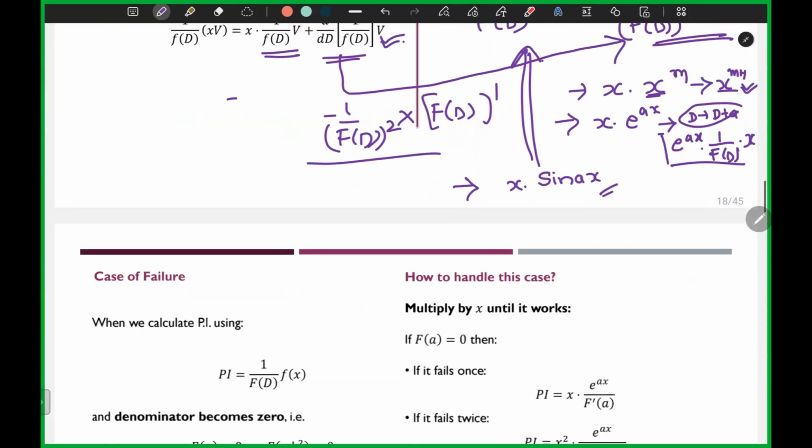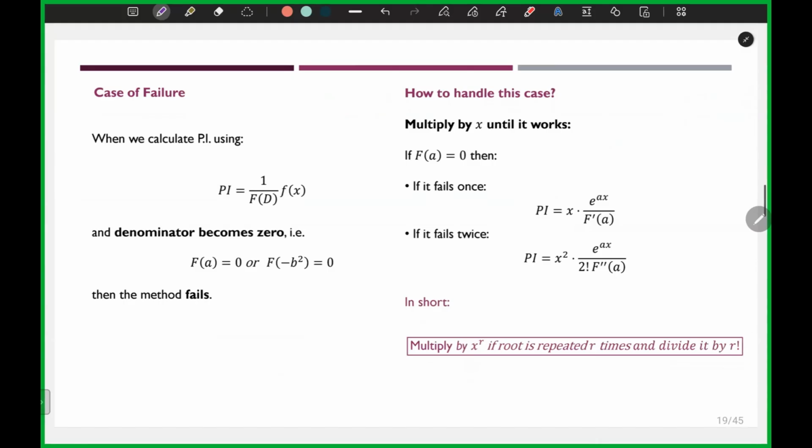So next, coming to the case of failures, when the denominator becomes 0, that we have already discussed. When we have e to the power ax, we replace D by A, and the denominator f(D) becomes f(a), which should be non-zero. If it comes zero, what do we do?